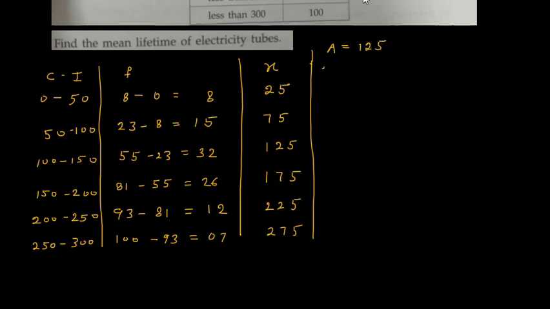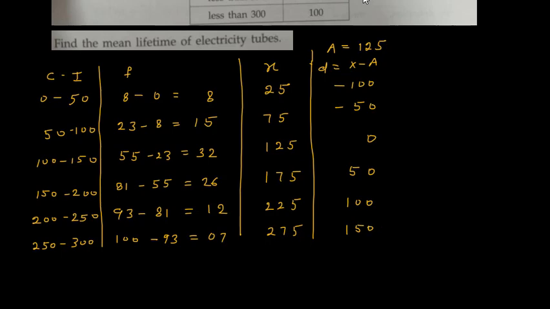So 25 minus 125, we will get minus 100 here. Then here we get minus 50. Then here we get 0. Then here we get 50. Then 100. Then 150.